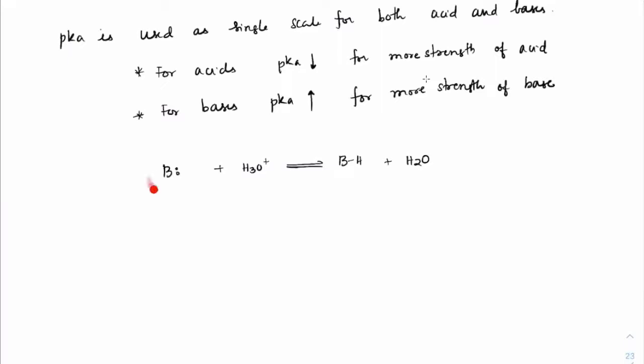If we see with respect to this base how easily it can give the electrons, that is called kinetic basicity. If you see with respect to the pKa value of BH+, we call it thermodynamic.